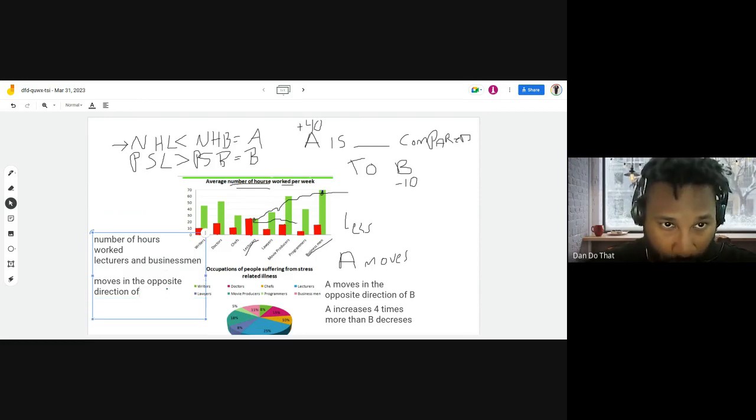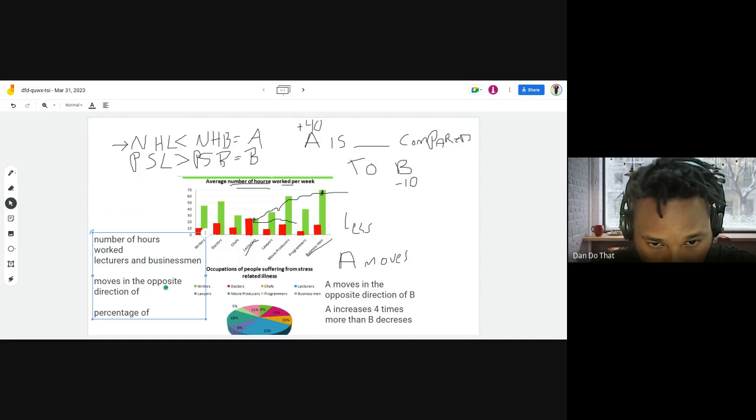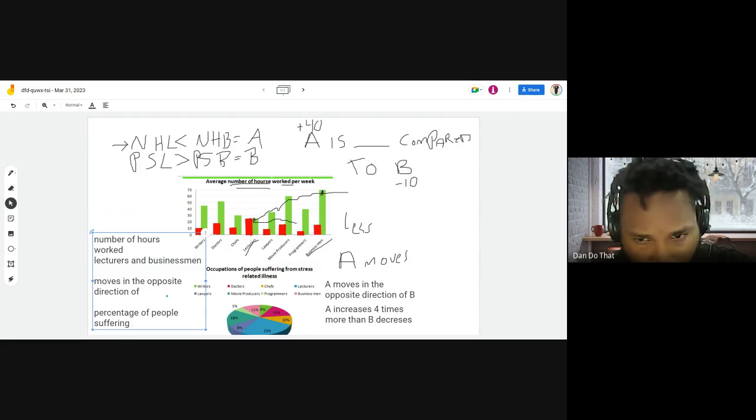Then B is the percentage of people suffering, maybe altogether suffering from work stress.